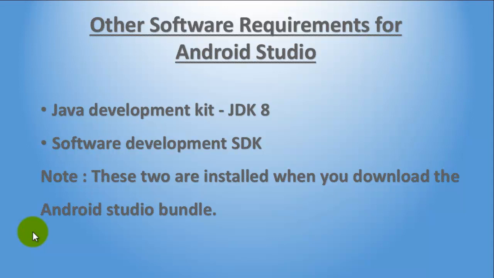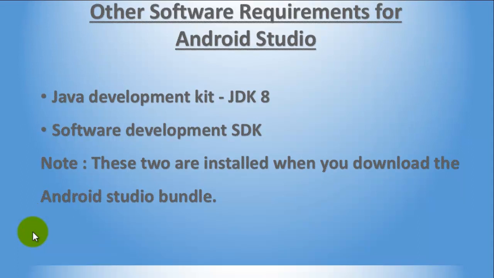It's a bundle where you have the IDE, JDK and SDK. The SDK contains the AVD manager also, the Android Virtual Device Manager. Before, we saw the Android emulator; that is what we call the Android Virtual Device Manager. Using it, you can create an emulator of your own choice.